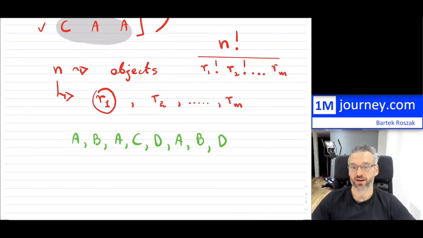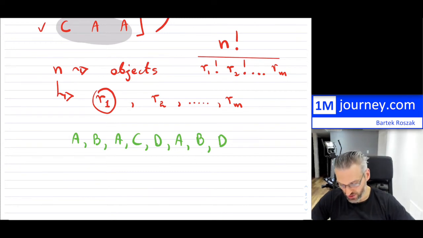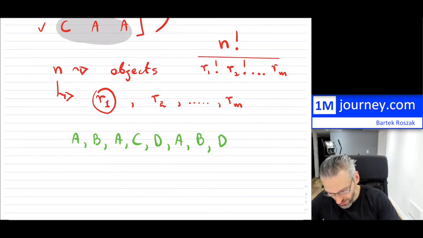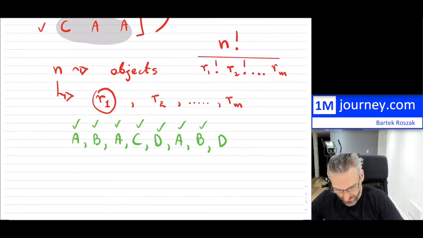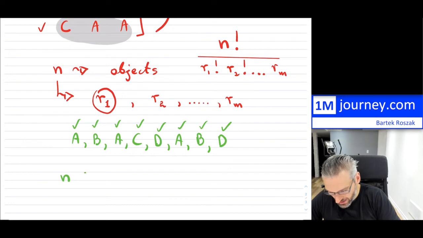They don't have to be letters. They could be numbers, colors, marbles, people, anything. All right? So in this particular situation, I have a total of 1, 2, 3, 4, 5, 6, 7, 8. So my n is 8 objects in total.